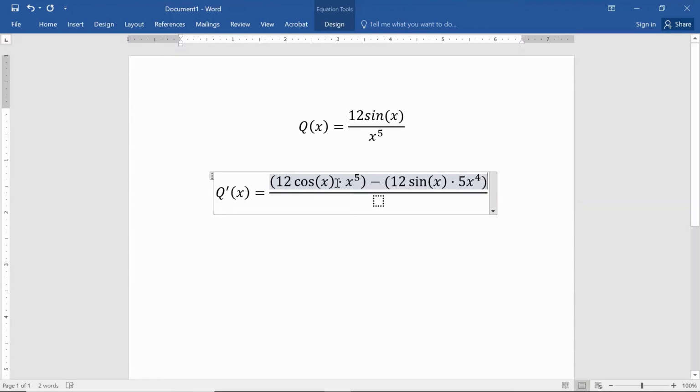So 12 cosine x times x to the 5th minus 12 sine x times 5x to the 4th.